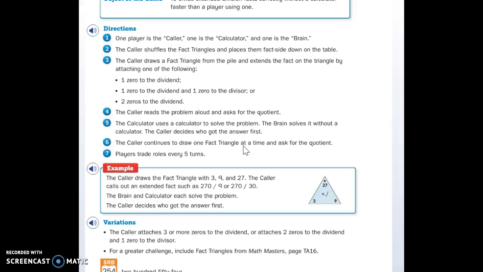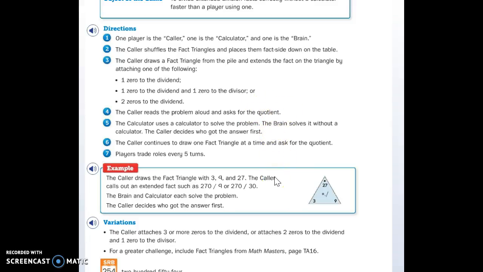So you could add a 0 to the dividend, you could add a 0 to the dividend and a 0 to the divisor, or 2 zeros to the dividend. The dividend is the number that's being divided by another number. The caller then reads the problem aloud and asks for the quotient. That means they're asking for the solution of that division problem.